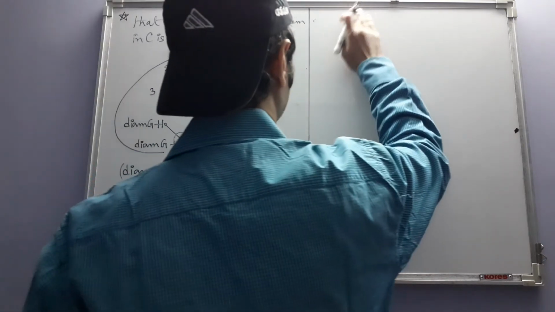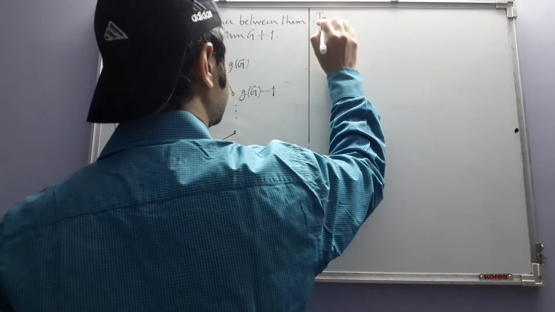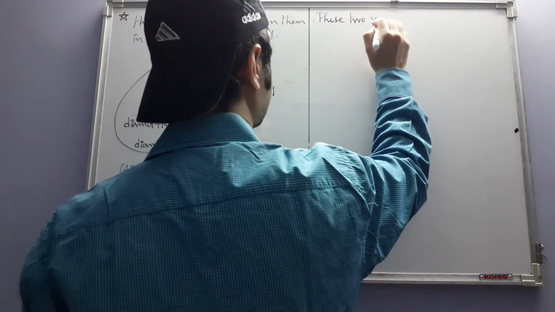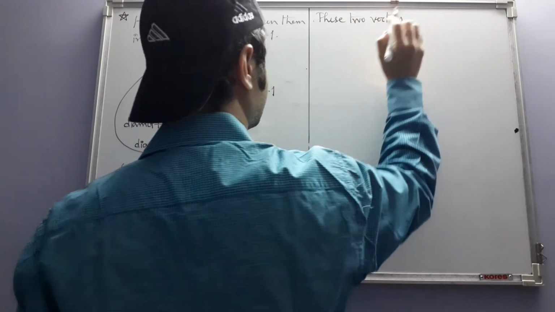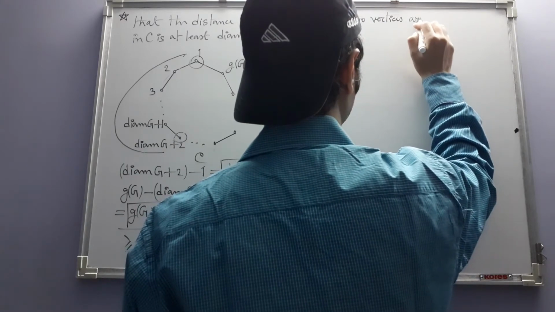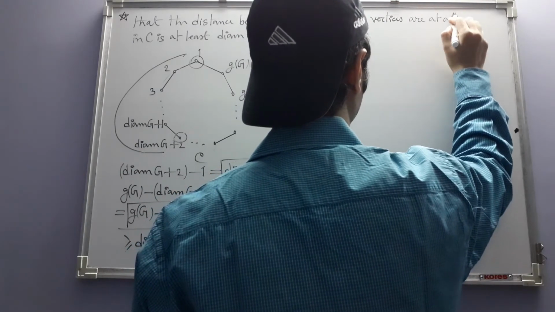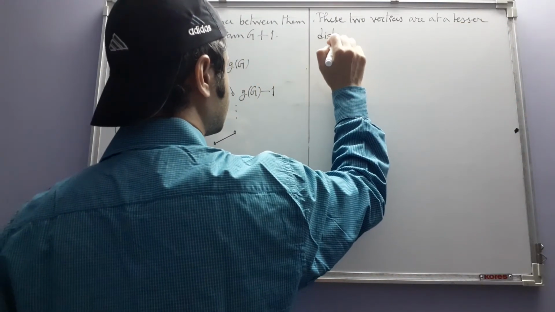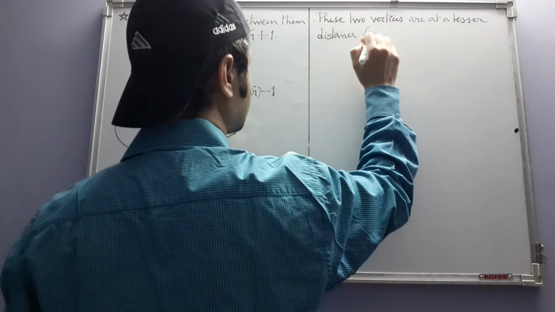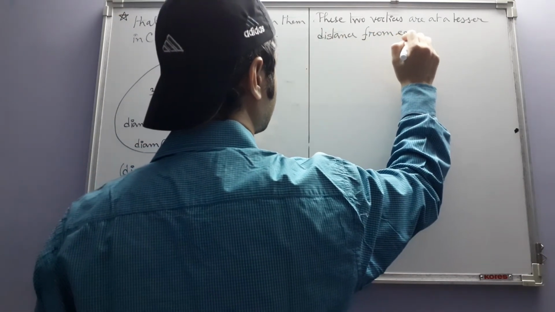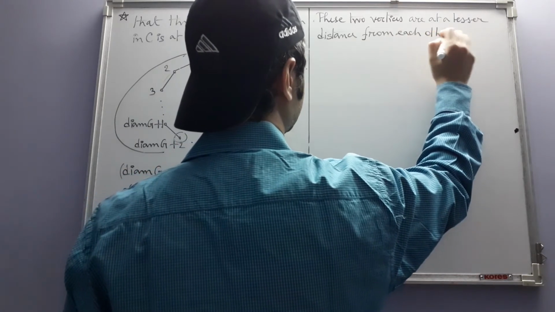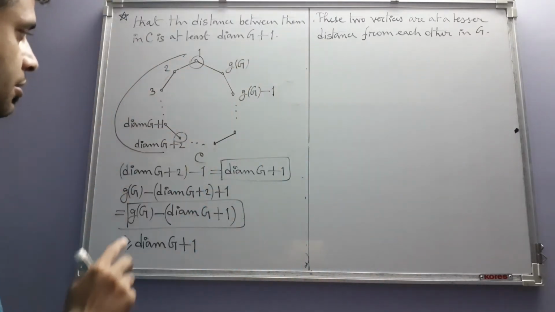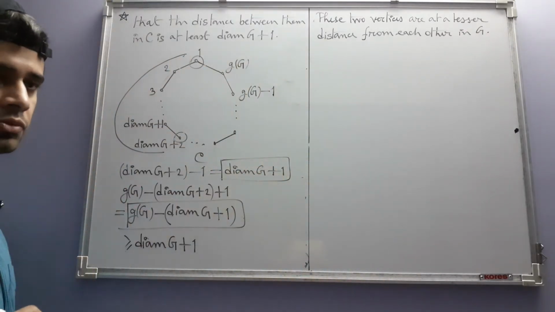So we write, these two vertices are at a lesser distance from each other in G. In the original graph, their distance is smaller than this, of course.